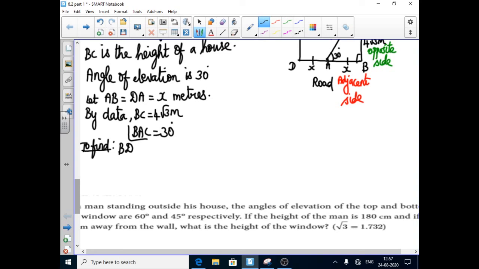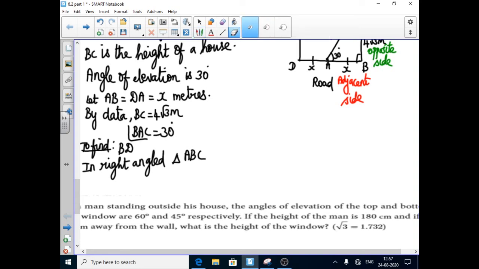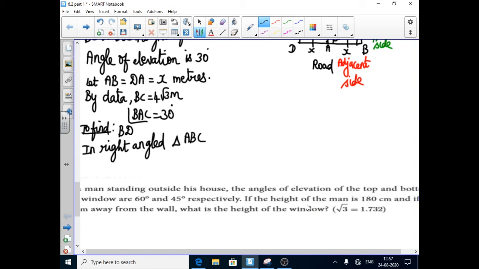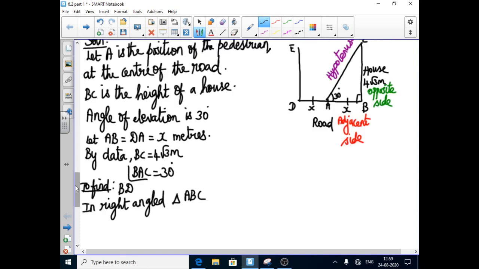Now you have to use the triangle. In right angled triangle ABC, with the 90 degree angle in between, we have to find the adjacent side.